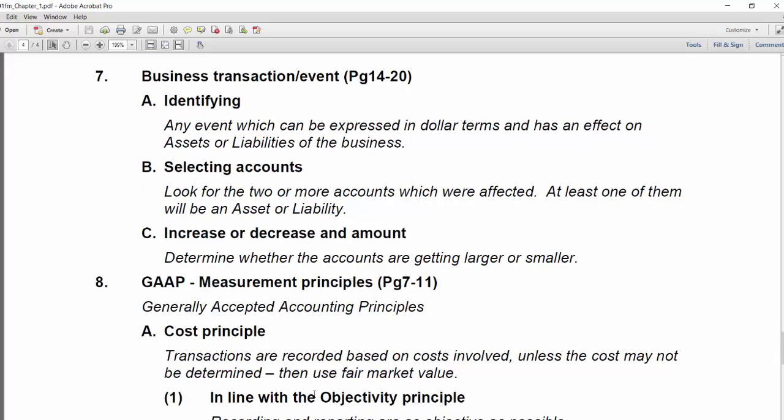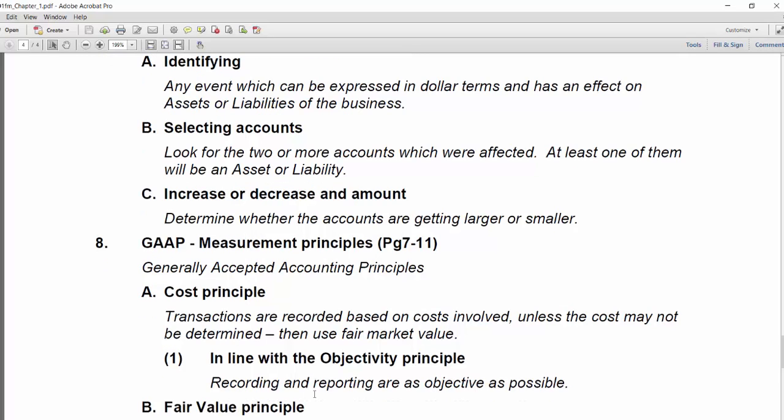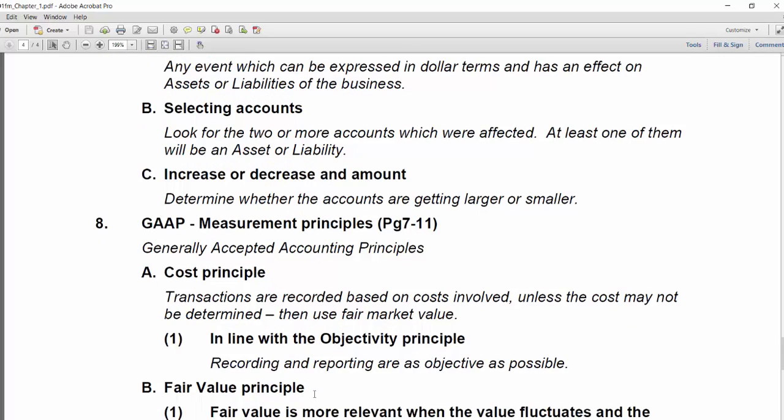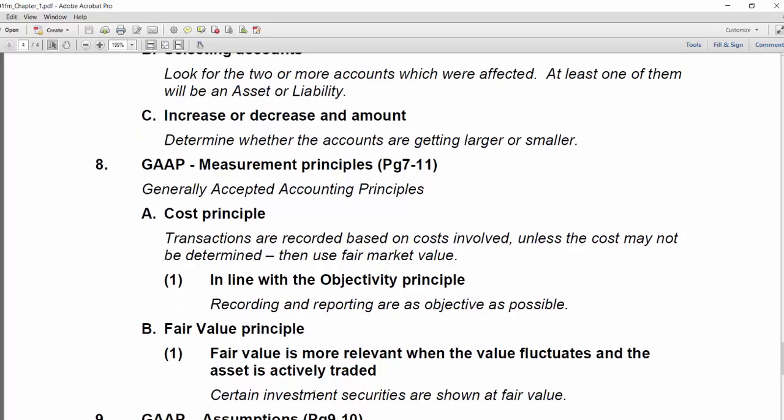This is in line with the principle of objectivity, where accountants like to be as objective as possible in their recording and reporting. The fair value principle says that if we have items for which the value fluctuates a lot and it's actively traded and we can determine its dollar value at any balance sheet date, then we should be recording that thing at its fair value. We'll get into that in chapter 12.